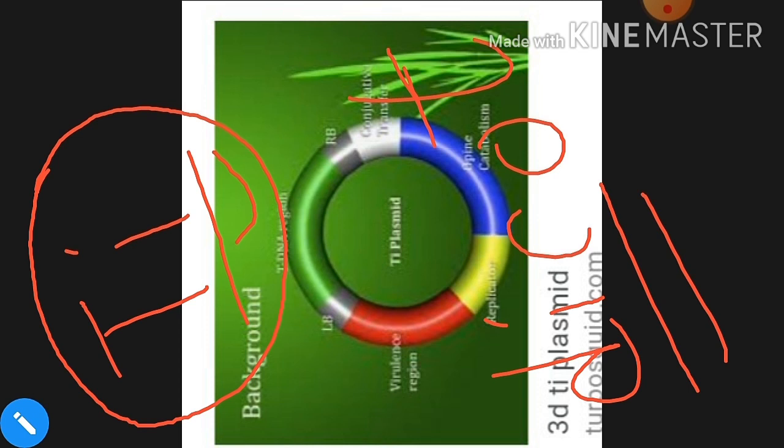You have studied this in 11th class also, so we are not discussing dicot plants in detail. Here we are discussing how genes are transferred into plants, with the help of this cloning vector, the Ti plasmid, to carry the gene into dicot plants.